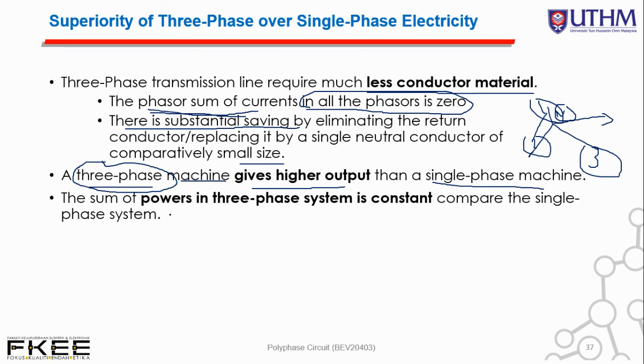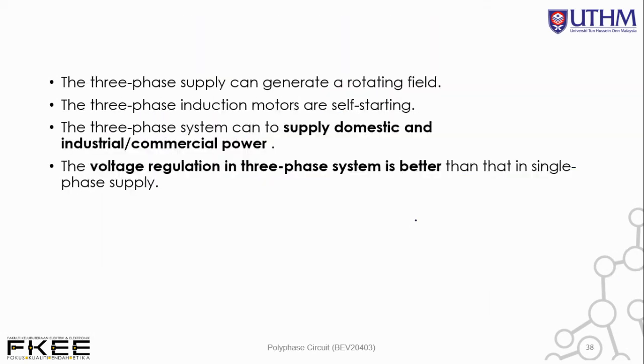So the sum of powers in a three-phase system is constant compared to the single-phase system. Okay, this is when we come to the sum of P in three-phase, for example. So this is more constant, or more stable. The three-phase supply can generate a rotating field.